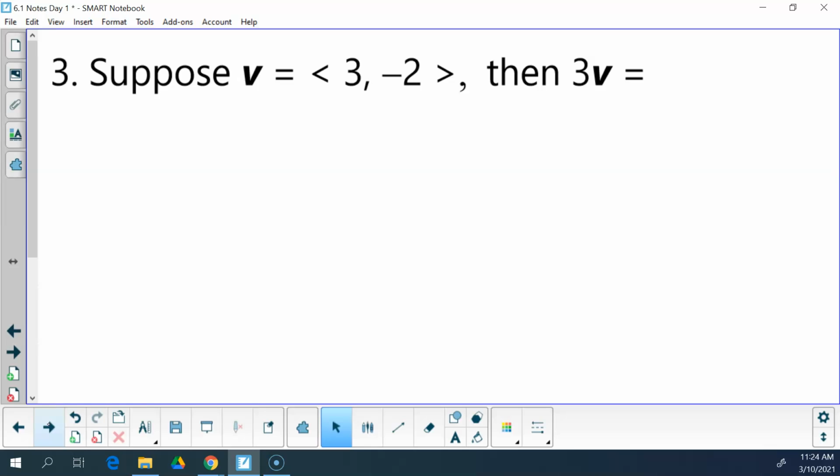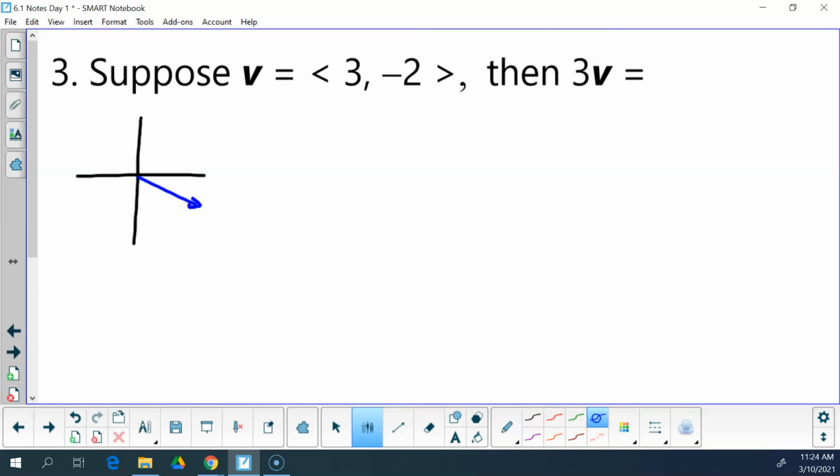So let's suppose that vector V is the vector 3, comma, negative 2. So if that's the vector 3, comma, negative 2, that would be out here somewhere. Right?